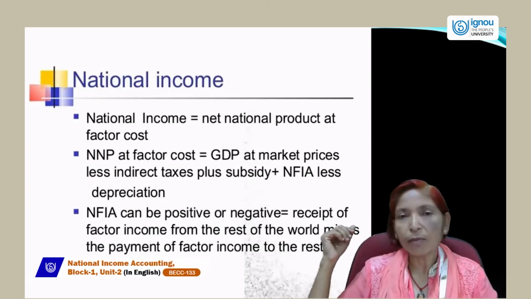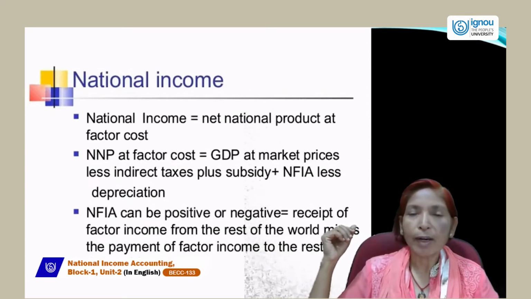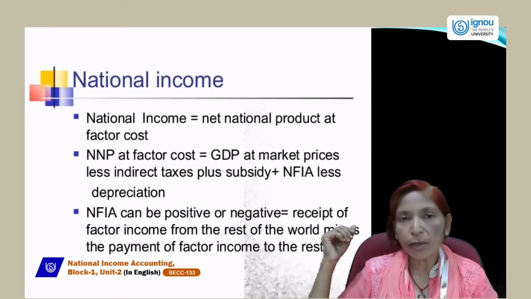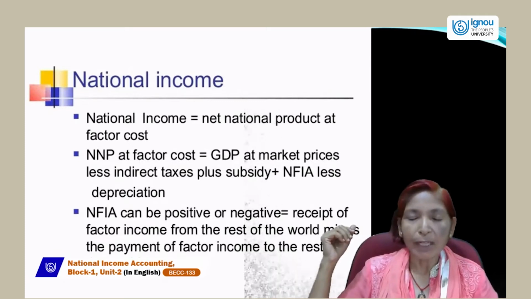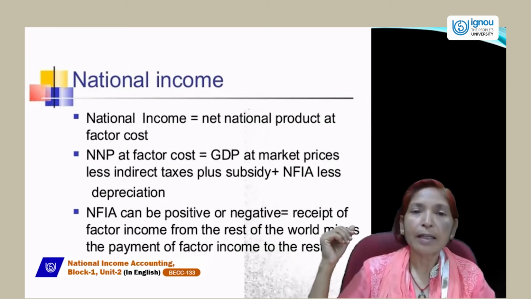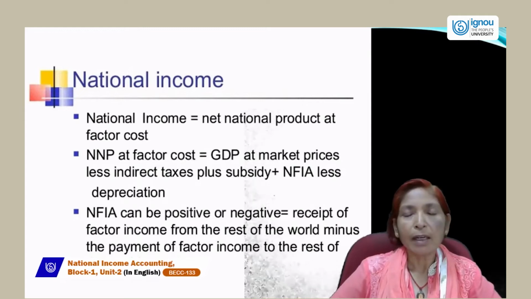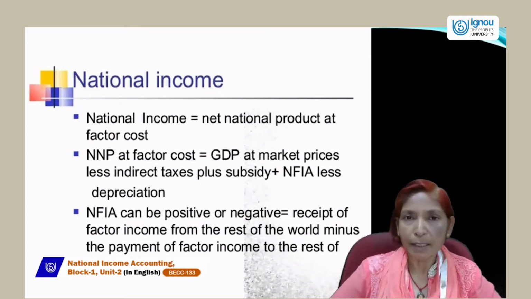So how can we convert market price into factor cost and factor cost into market price? There is only one difference which lies between these two concepts, and that difference is net indirect taxes. Net indirect taxes is the difference between indirect taxes and subsidies.